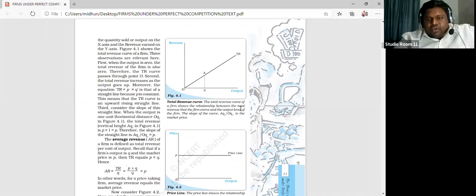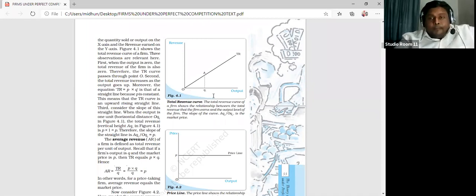The total revenue curve of a firm shows the relationship between the total revenue that the firm earns and the output level of the firm. The slope of the curve, AQ1 divided by OQ1, is the market price.